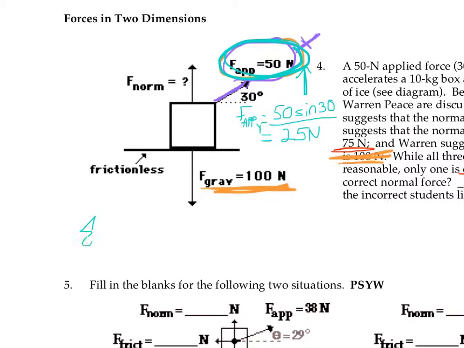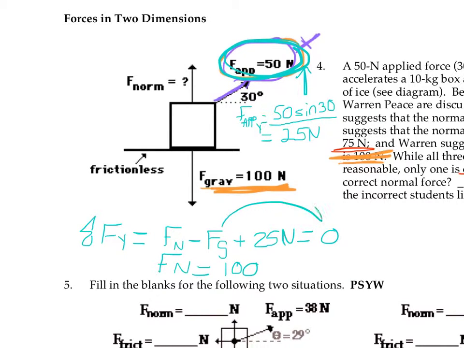The net force in the y direction should be 0, unless it's lifting too high, which means the normal force, which is always positive, minus the force of gravity plus the 25 newtons has to equal 0. So the normal force equals the gravity, which is 100, minus 25. So the normal force has to equal 75 newtons, which makes this one the correct answer.